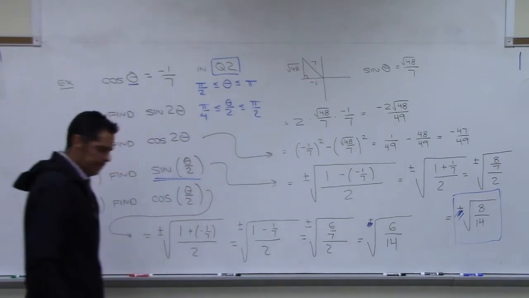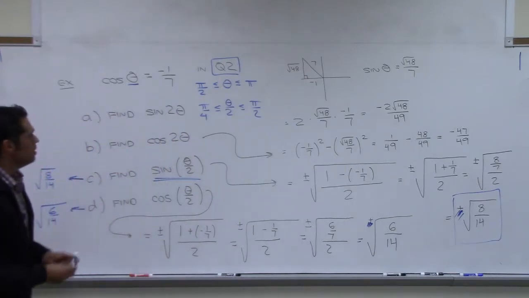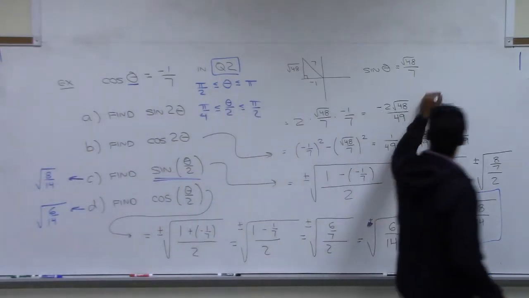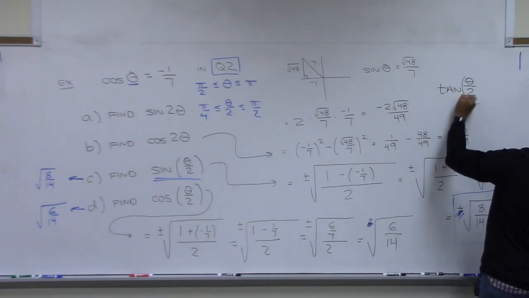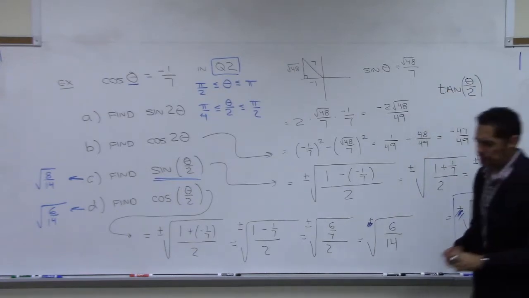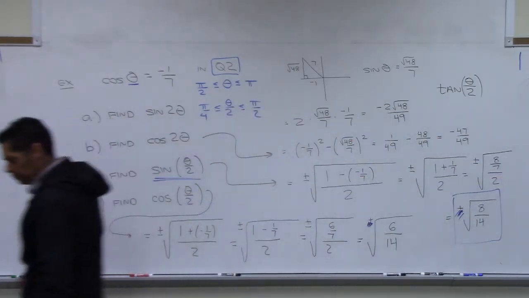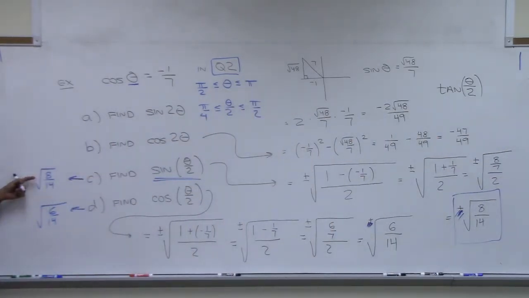What would you do if I asked you for tangent of theta over 2 right now? Take sine over cosine. Take this answer and divide it by this answer, right? You would do this divided by this.